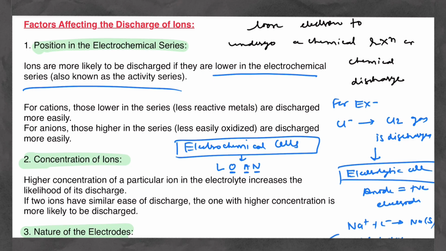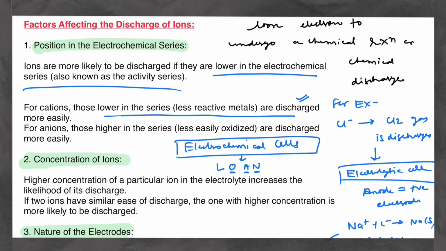What we are saying here is that the elements present at the bottom, like lithium, will always want to change into solid form. It basically gains electrons to form a solid. So for cations, those lower in the series are discharged more easily, because they are more active and want to gain electrons easily and change to solid.